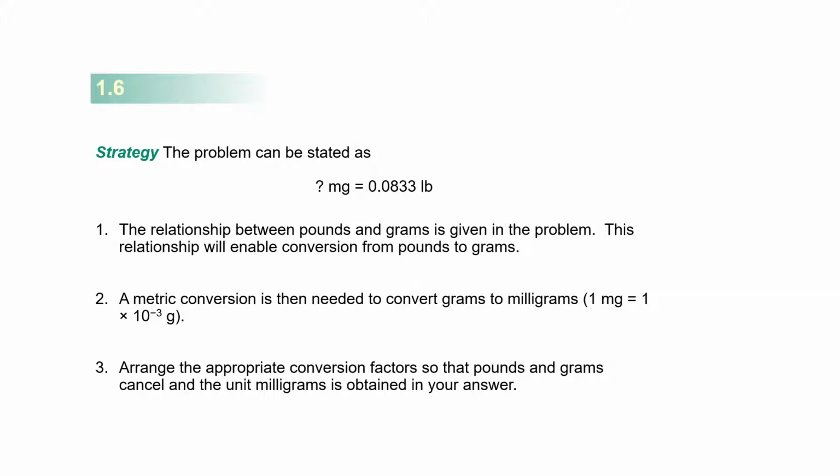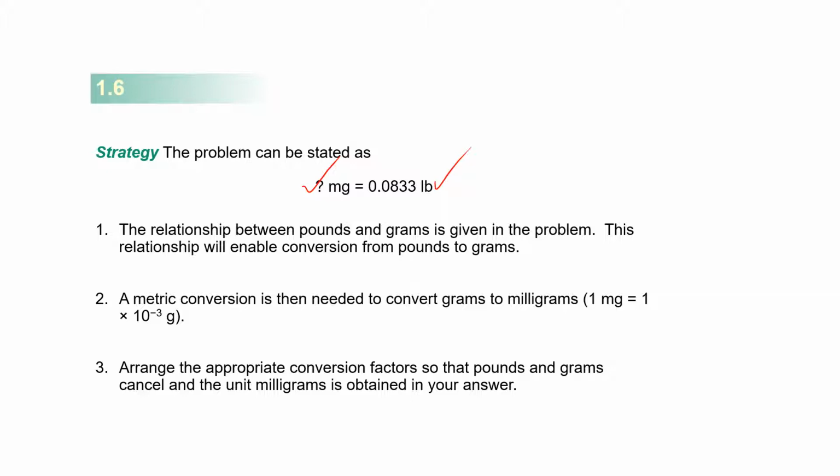Well, let's follow our strategy. The first thing to do is ask: what are we asked and what are we given? So this is our given, this is our asked. I would be tempted to write that the other way around, but however you do it, as long as you're keeping track, it's fine. The second step is to write down our equalities and our conversion factors.